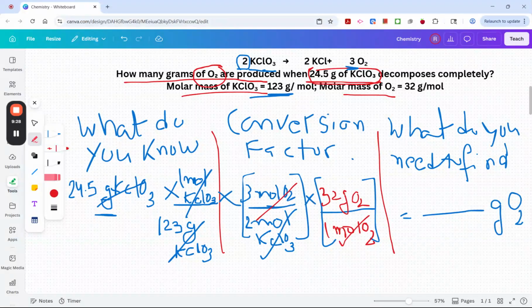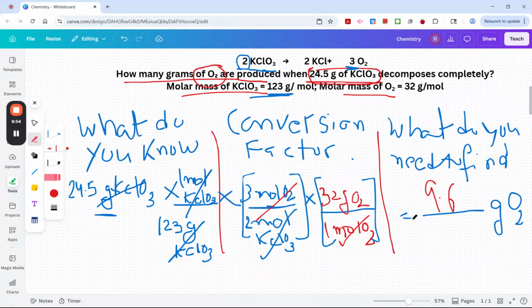Let's check how much amount we have. We use 24.5 grams times 3 times 32 divided by 123 divided by 2. Here we go. 9.5 or 9.6. So we can round off to 9.6, or you can write 10.